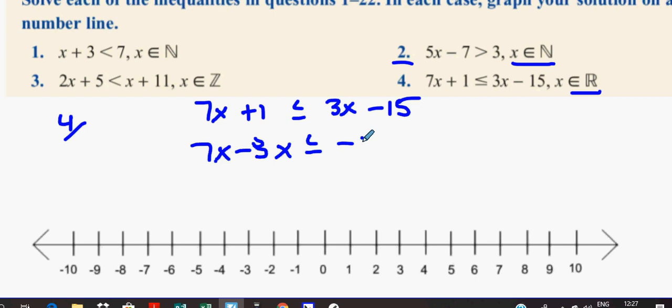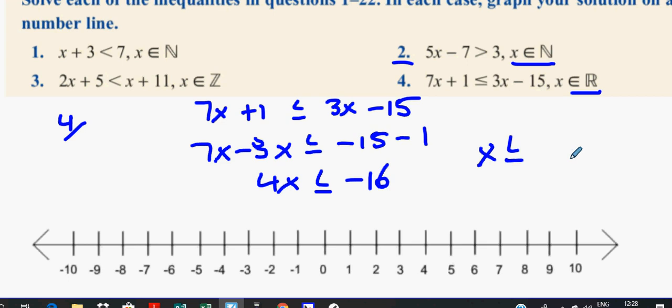Bring the minus 15 and minus 1. 4x less than or equal to minus 16. Divide both sides by 4. x is less than or equal to minus 4. Is that allowed? Yeah, it is, because it says equal to as well. See the equal sign? Are fractions and decimals allowed? Yeah. Then you do a shaded-in line, because you want all the fractions and decimals. How long is this going to go on for? So you best put yourself an arrow down. Okay? So that's 2 and 4 done.